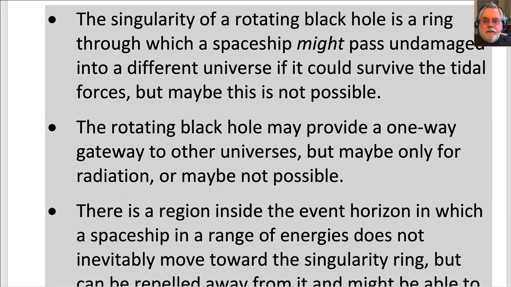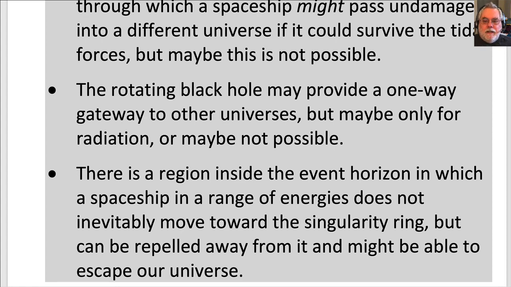So, the singularity of a rotating black hole is a ring through which a spaceship might pass undamaged into a different universe if it could survive the tidal forces, but maybe this is not possible. The rotating black hole may provide a one-way gateway to other universes, but maybe only for radiation, or maybe it's not possible.